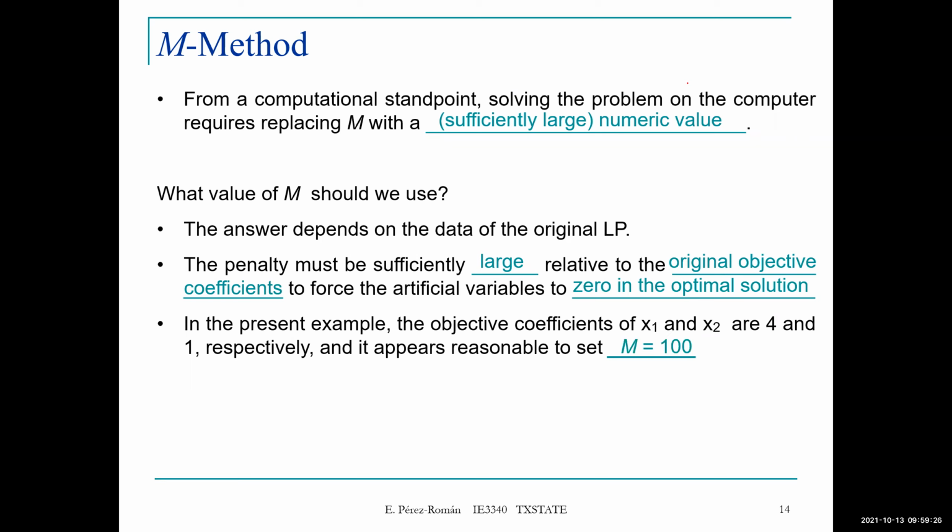And it appears reasonable to set M equals 100, because 100 is sufficiently large when compared to 4 and 1. But if you use 1,000, if you use 10,000, it's going to be the same solution. It's not going to be different. What I'm trying to say is you don't want to go to 10,000 because when you're doing the computations, you're going to be dealing with very big numbers. So 100 is reasonably high enough to be a penalization for this problem.